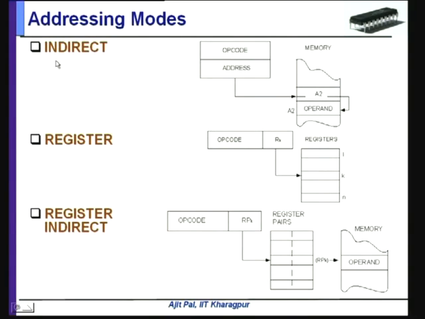Then, to incorporate a little bit of flexibility, you can have indirect addressing. In indirect addressing, instead of specifying the address of the operand explicitly, that address location can hold the address of the operand instead of the operand.